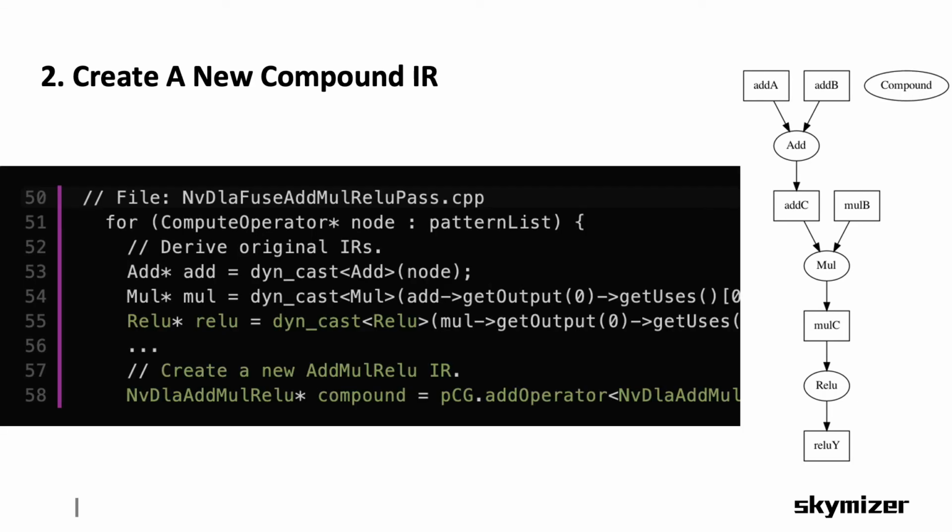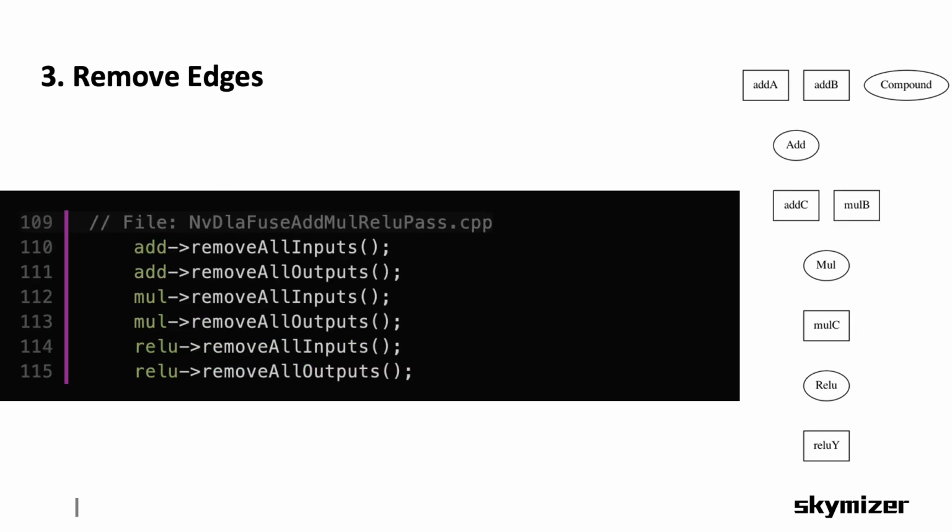Then, we have to prepare to iterate through the matched patterns. We will create a new compound IR first. After creating a new compound IR, we will remove all the edges among the Add, Mul, and Relu operators, and their producers as well as consumers.